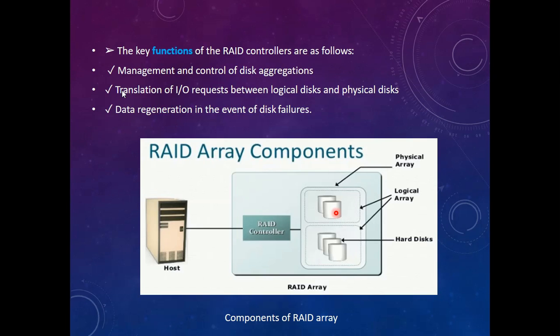You need some extra disk in case of RAID implementations. Using that disk you can regenerate, but before that you should have a RAID controller to access the data which is present in the already existing disks. So data regeneration can be done in the event of disk failures, but to do it, you need a RAID controller.